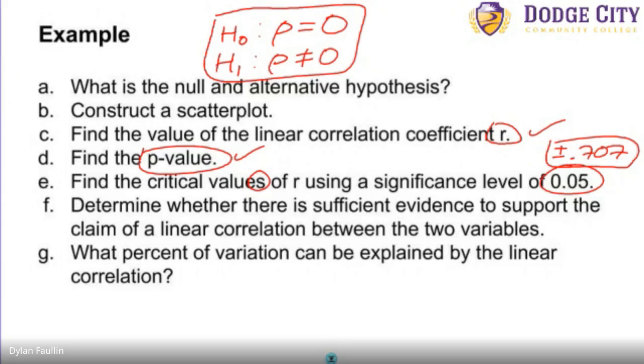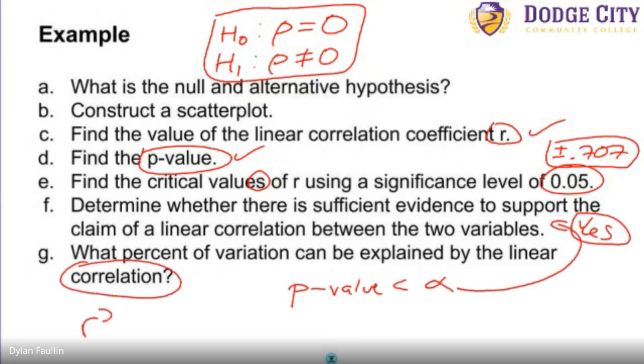Determine whether there is sufficient evidence to support the claim of a linear correlation. Yes, there is sufficient evidence because the p-value is less than alpha. So the answer here is yes, there is sufficient evidence. What percent of the variation can be explained by linear correlation? I'm not sure if that's on the homework, but if it is, it's just the value of R squared.